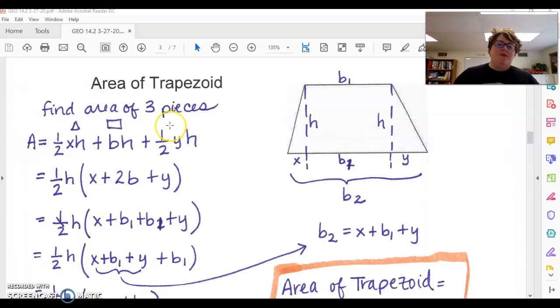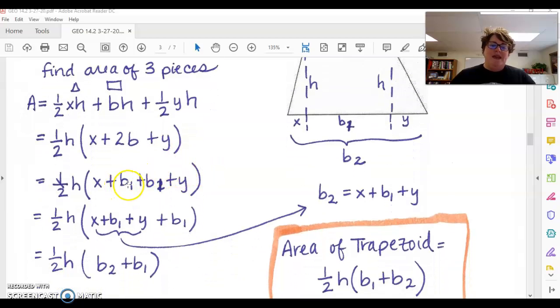do the area of those 3 pieces, I can then factor out 1/2 height. And when I factor that out, I'm left with X plus 2B plus Y. If I break apart my B's, so B and B, so I just labeled them B1 and B1, because this base right over here, I can say base 2 is equal to x plus b1 plus y, I can substitute in for b2 here.